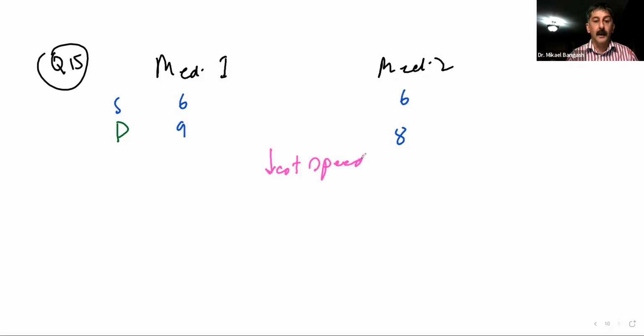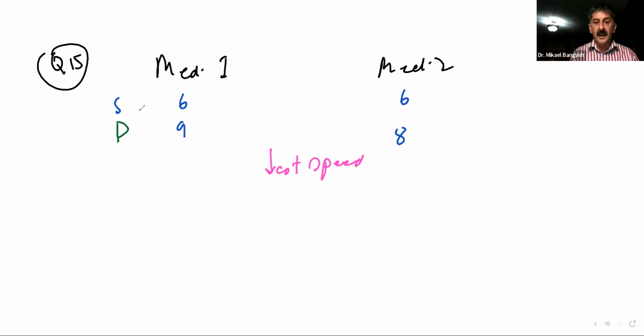Now you just have to know your relationships. We already know that speed is directly proportional to stiffness.